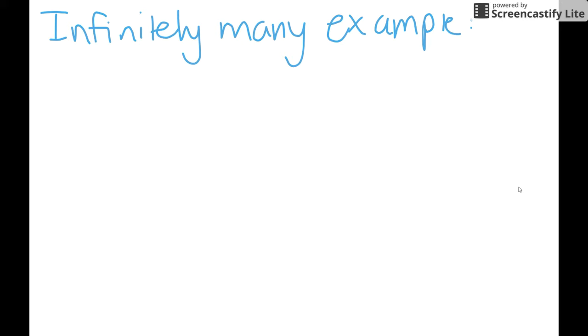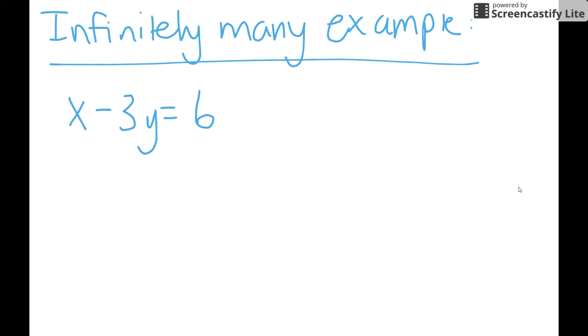Okay, so I'm going to do an infinitely many example. So again, maybe you don't want a graph. Maybe you see something like this, and you think this would be perfect for elimination. So that's totally fine. You can use elimination. Or actually you could even use substitution pretty easily on this top one, but I'm going to show you elimination just to show you another method.